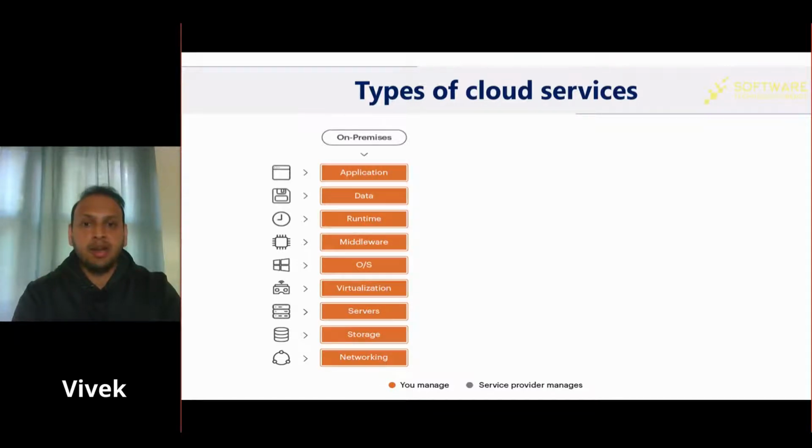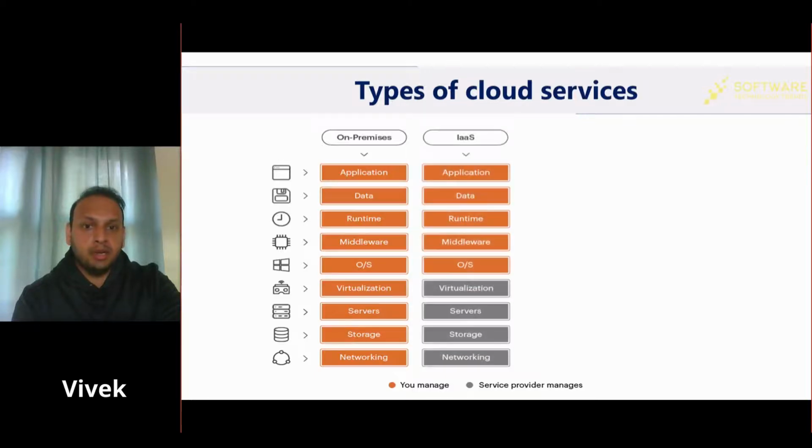Whatever happens here is completely your responsibility, be it maintenance, scaling, applying a patch, or availability, anything. On-prem is where you are completely taking control of everything and managing it.